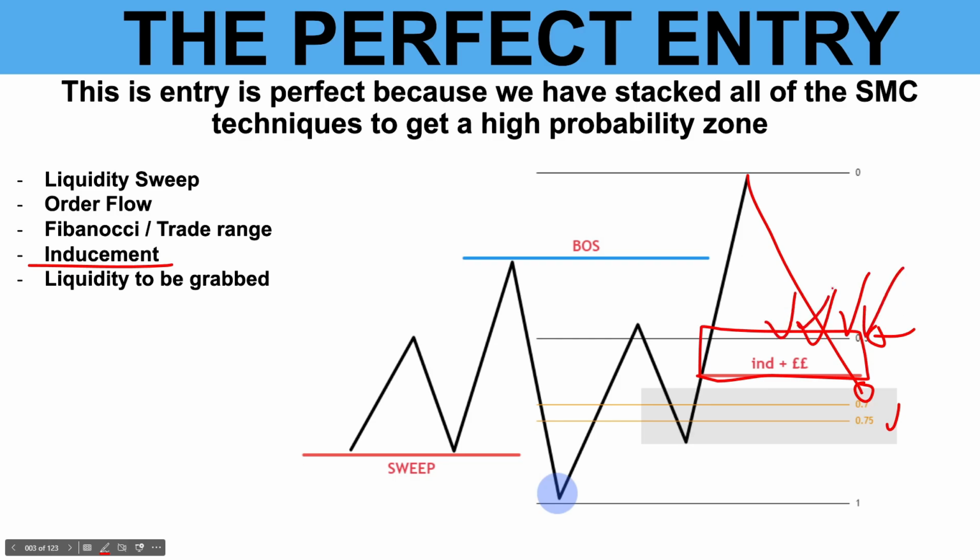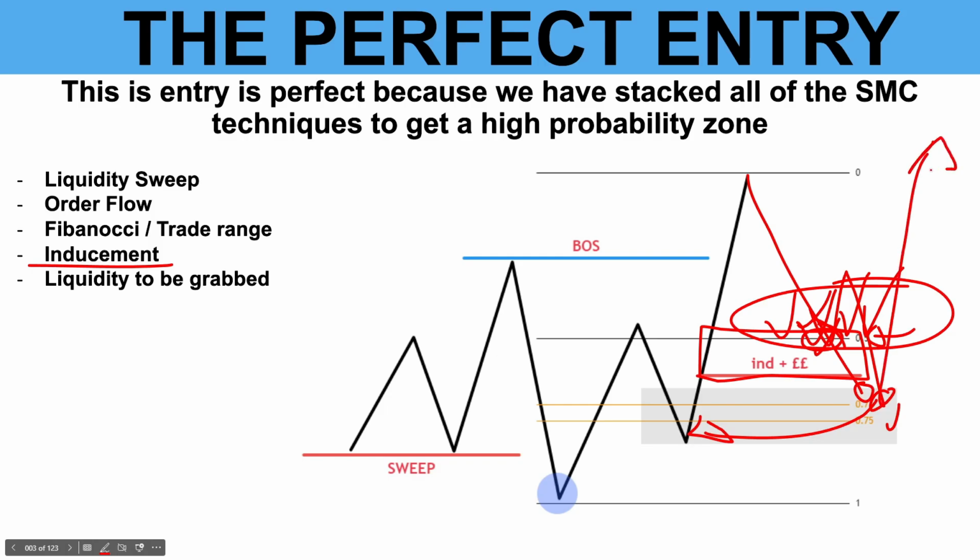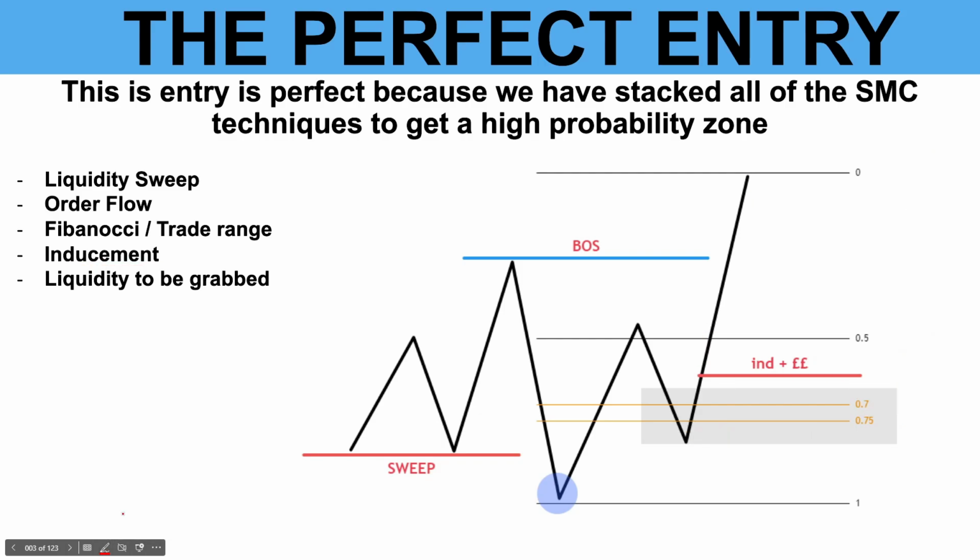All of the buy positions that they will be entering early here, for smart money to then liquidate these traders, take them out of the market, and then go to their order block, their demand zone, whatever you want to call it, and that is where the real push up will happen from. So that is why it is super important to make sure that you are not the inducement, or you're not about to get induced, by making sure you do all of the things that I just mentioned, and by checking whether you're trading below the 0.5 mark.